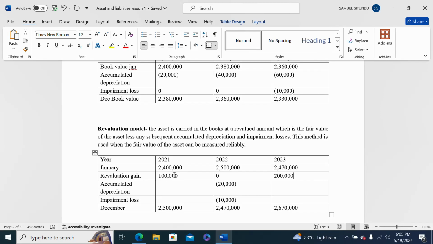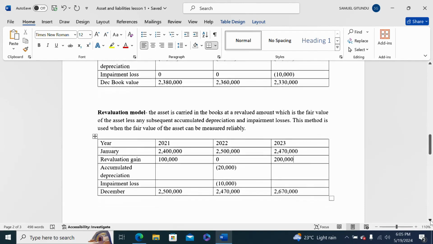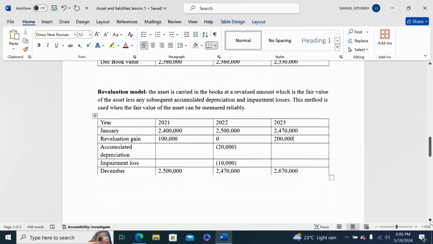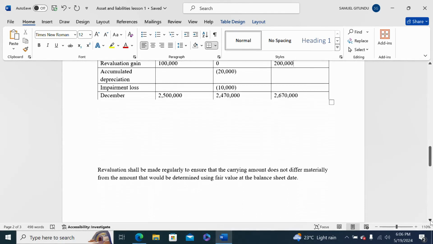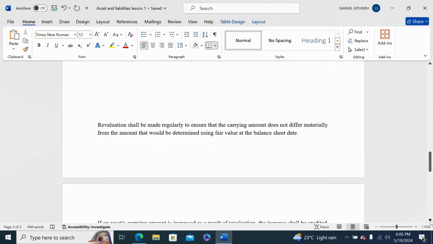And if the revaluation gain has been exhausted, then the rest of the revaluation loss is taken to the income statement.